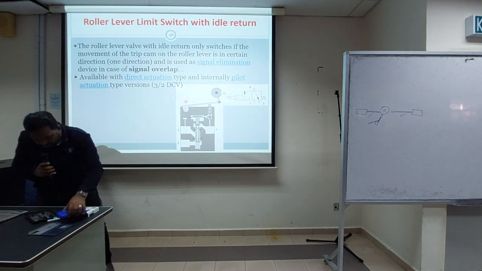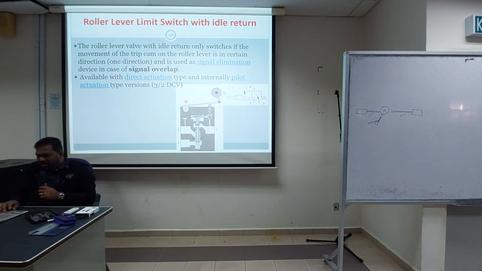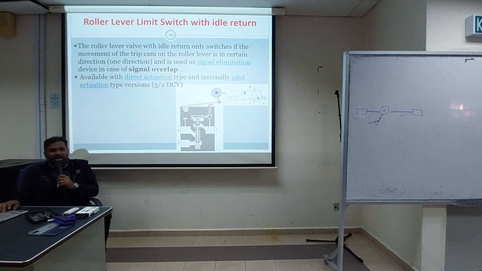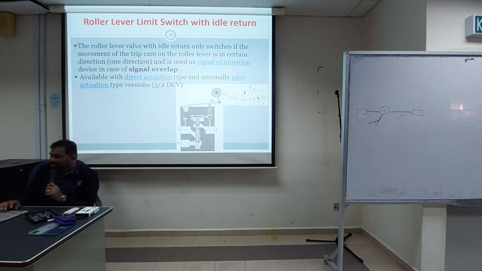Okay. So I hope you boleh imagine lah. So imagine how this thing can be settled. So earlier we saw ada signal overlap. So kalau you letak idle return roller valve, so it will select either one. So it will select only from certain direction.